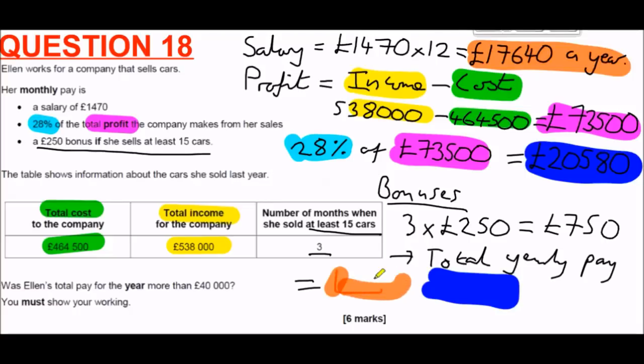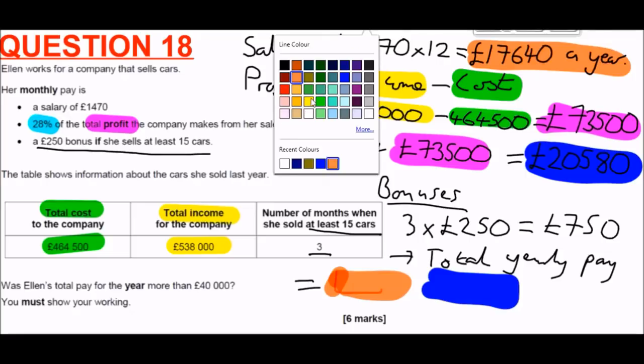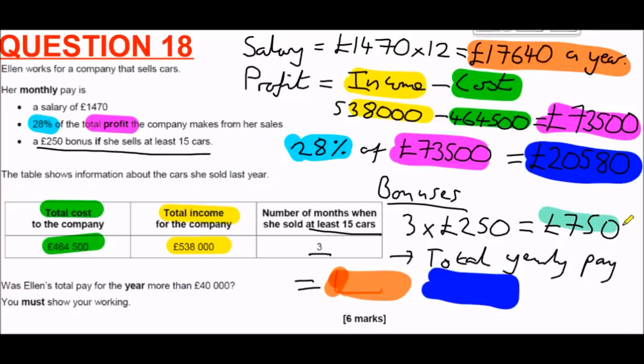Plus, in addition to that, the £750, which was the bonus. So her total yearly pay is going to be all these amounts added together as one.